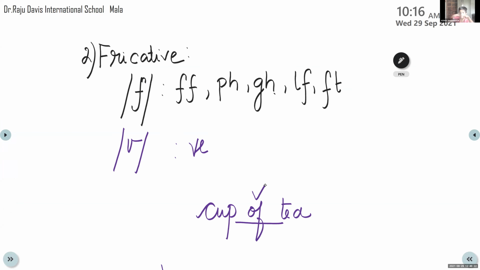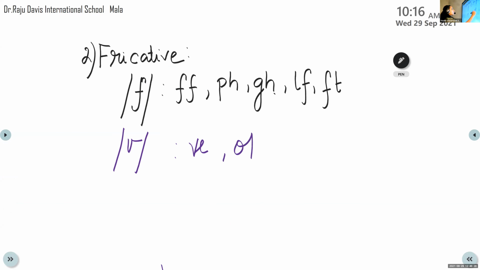We got the sound, cup of tea. So sometimes the of can give you a v sound because of cup of, glass of.